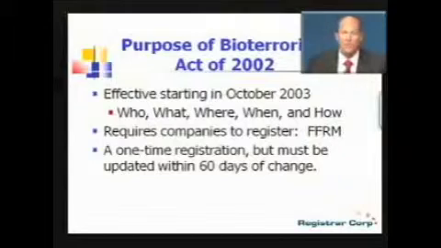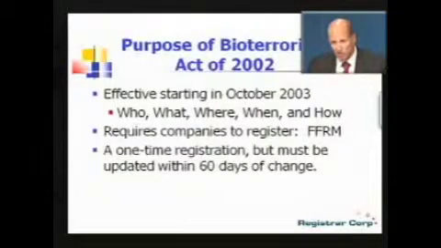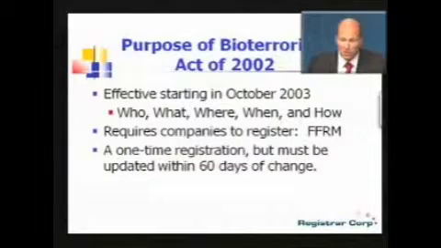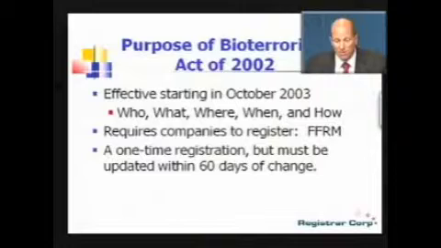And in essence, this registration requirement allowed FDA to gather information about the products being shipped to the United States. So you're providing to FDA in this registration information about who, what, where, when, all about your company, about the products that you're producing and that you intend to export to the United States.